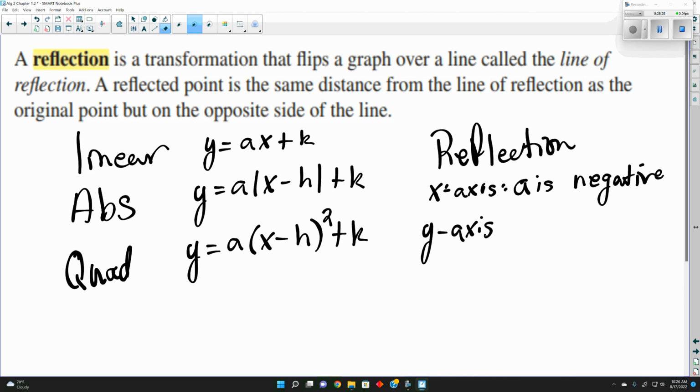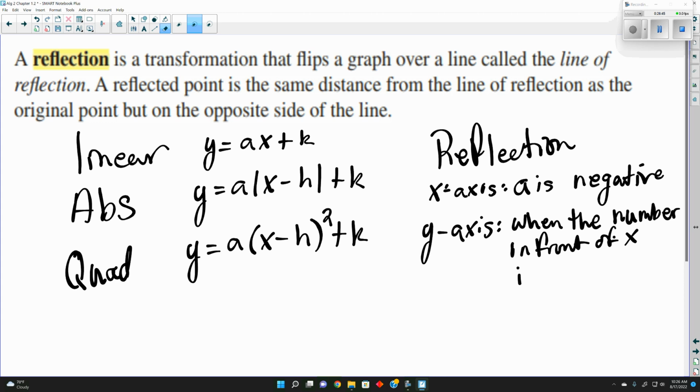Well, we have two axes, so there's going to be a reflection across the y. And that's when the number in front of x is negative.